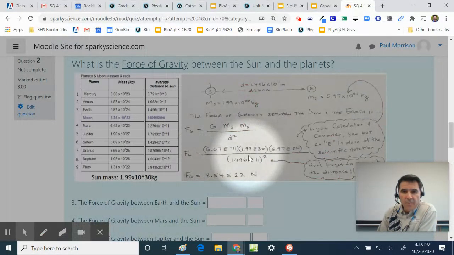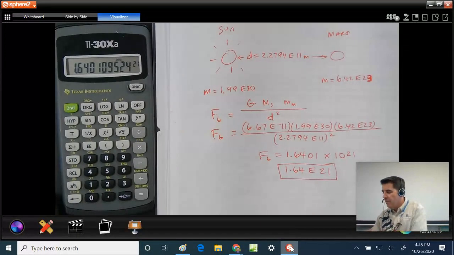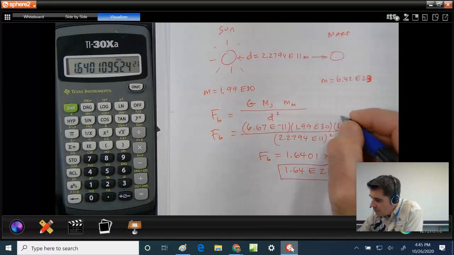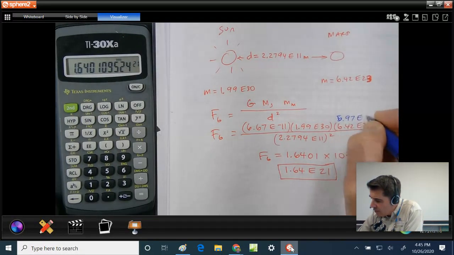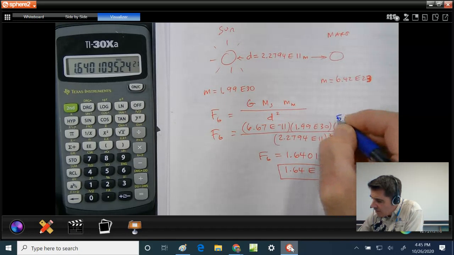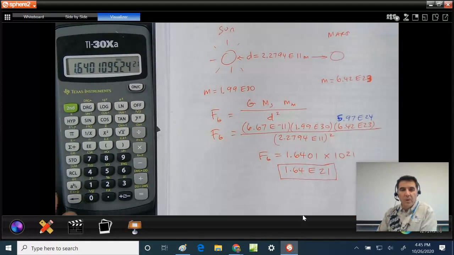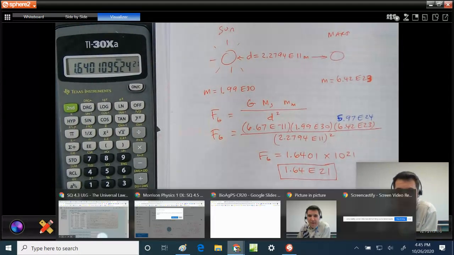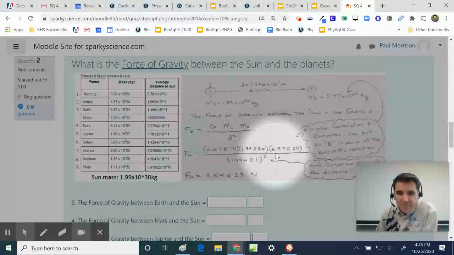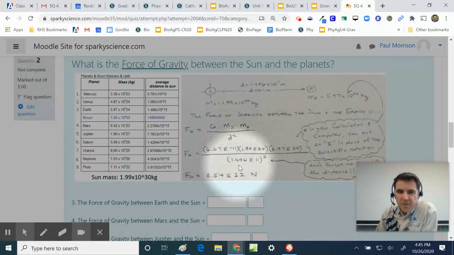The mass of the sun is 1.99 times 10 to the 30th, and the mass of Earth is 5.97 times 10 to the 24th. My memory just dropped away for a second there. Yeah, and then the distance is 1.496 times 10 to the 11th.